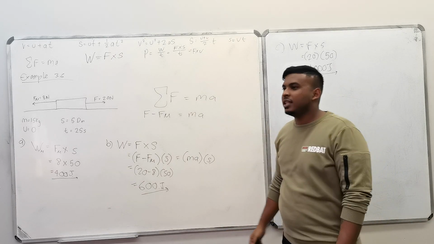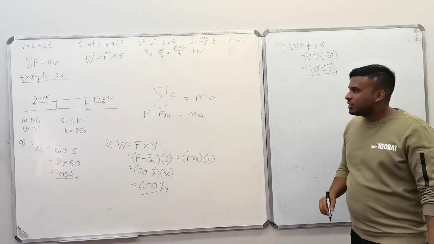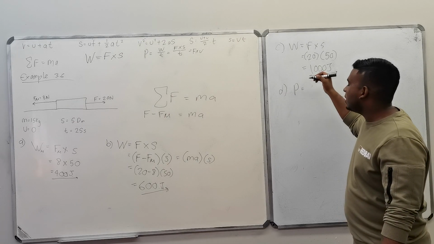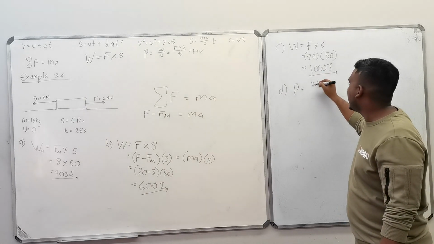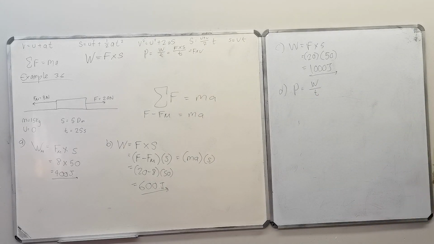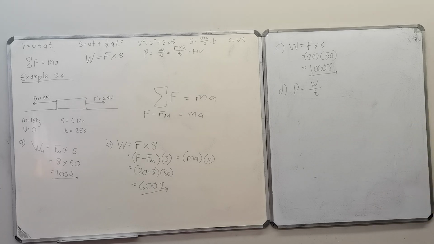Then they said the total power. Did you get anything else? No. Okay, so they tell you the power. Total power would be power is equal to work done over time. We worked out 3 different values for work: the resistance work, the kinetic energy work, and the total work done.